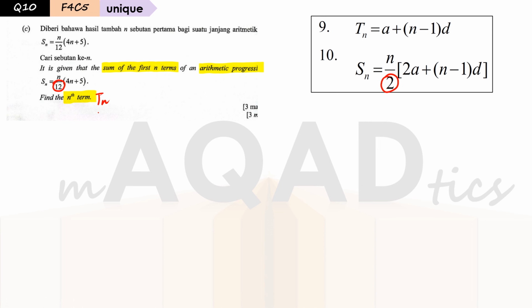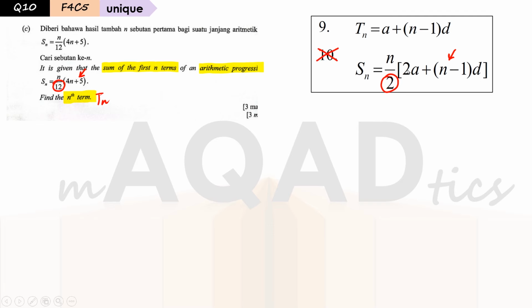And the other thing is the things inside the bracket. The things given here in the bracket is actually quite simplified. And if you want to split it out, for example, something like this, it's very hard. Okay, so we are unable to compare these two formulas, and we are unable to find out the values of A and D. Okay, so we cannot use this formula.